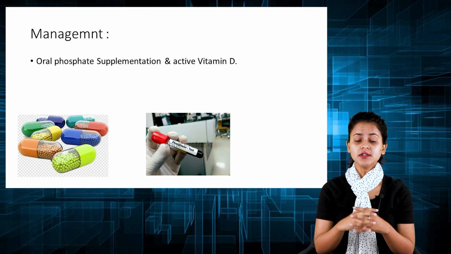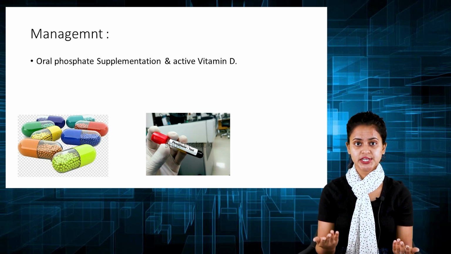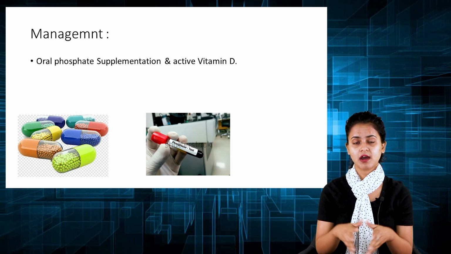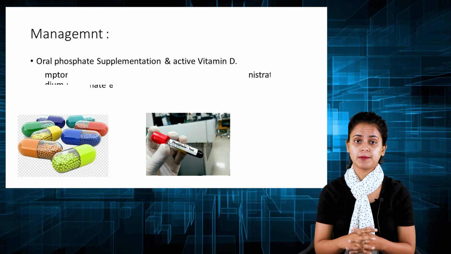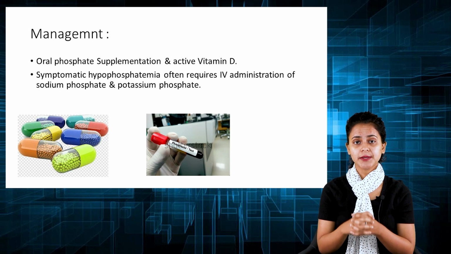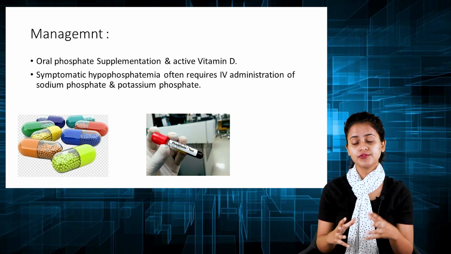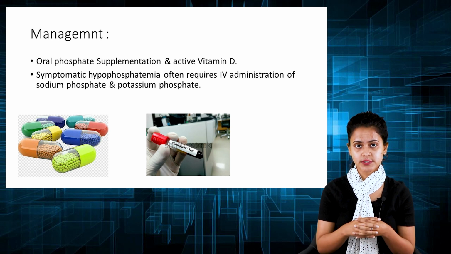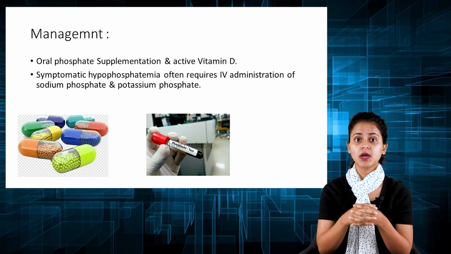Now we should discuss the basics of the treatment or management modalities for a client with this condition. Oral phosphate supplementation and vitamin D supplementation play a very important role. Symptomatic hypophosphatemia often requires intravenous administration of sodium phosphate and potassium phosphate.